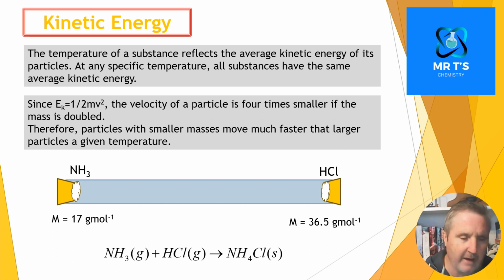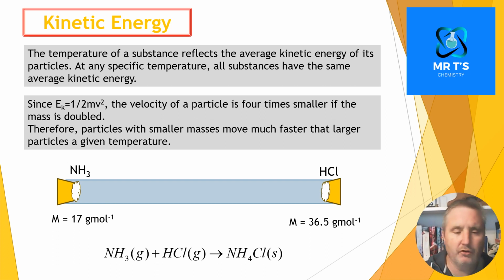The particles will randomly move 4 times quicker because they are half the mass, so their velocity is 4 times quicker than the hydrochloric acid, and the ammonia and the hydrochloric acid will react together to produce solid ammonium chloride. This solid will be observed as a cloud in the tube.